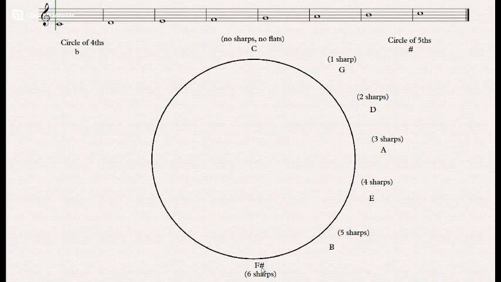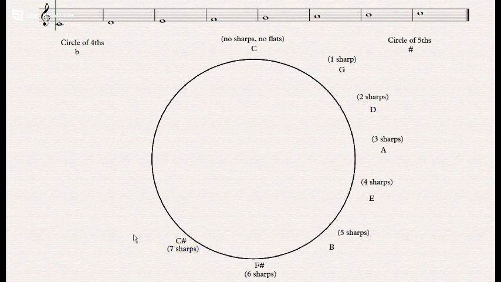If I go from F sharp: F sharp, G sharp, A sharp, B, C sharp. So right here at 7 o'clock, it's going to be C sharp, and that's going to give us 7 sharps. And we're going to stop there.